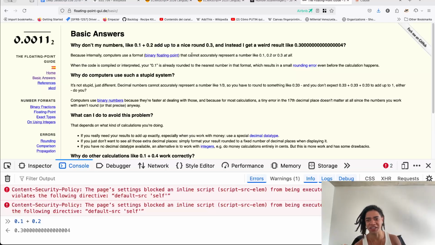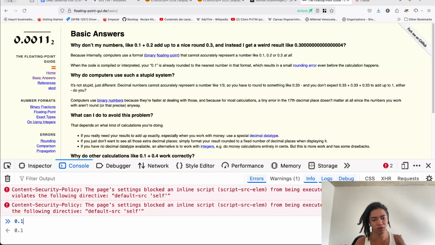It's interesting: when the code is compiled, or run by your interpreter, in this case JavaScript, your 0.1 is already rounded to the nearest number in that format, which results in a small rounding error, even before the calculation happens. That's the way they are representing these numbers, and they cannot be represented accurately.